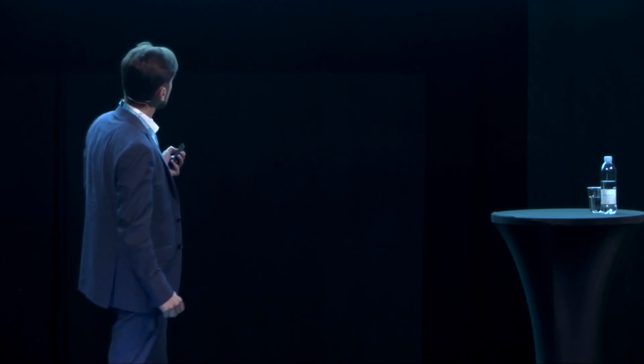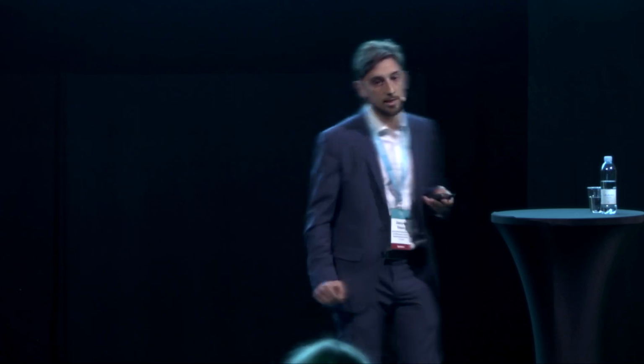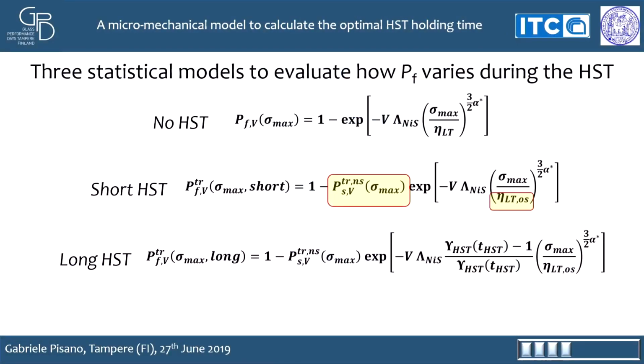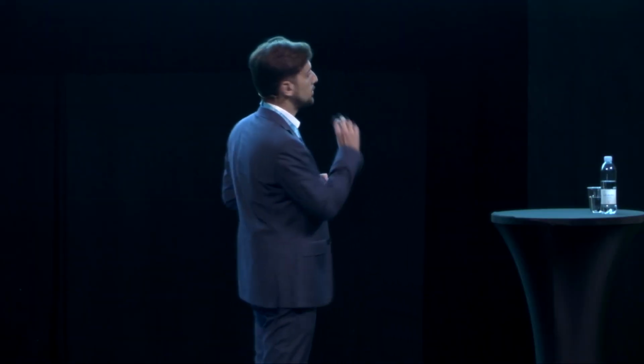And then we have the formula for long heat-soak tests, in which even the distribution of over-stoichiometric inclusion is truncated, and the Upsilon heat-soak test brings the dependence upon the time of the heat-soak test. So what is of interest to notice is that all the parameters of these distributions depend upon the parameters of the Pareto distributions for the inclusion sizes.